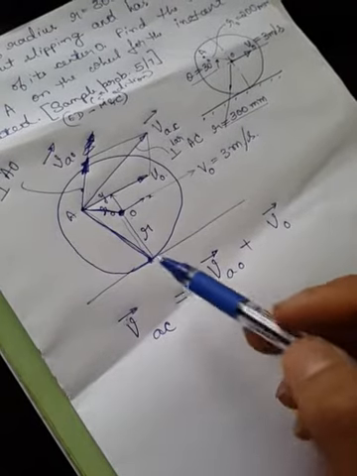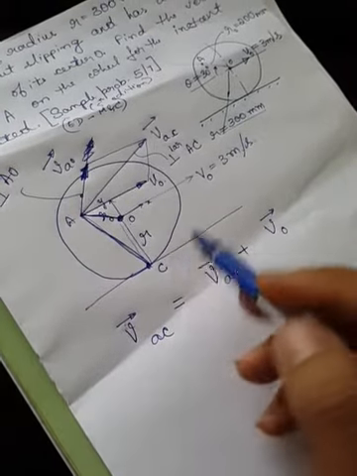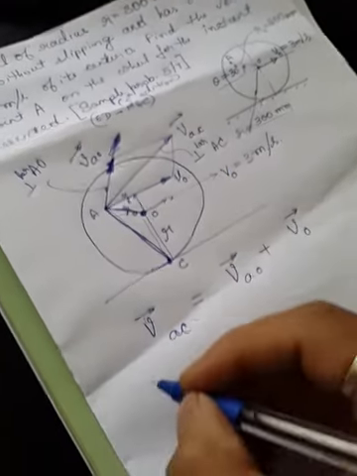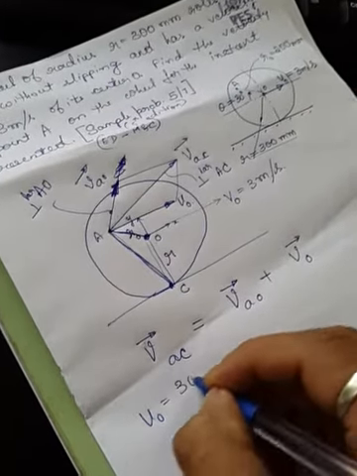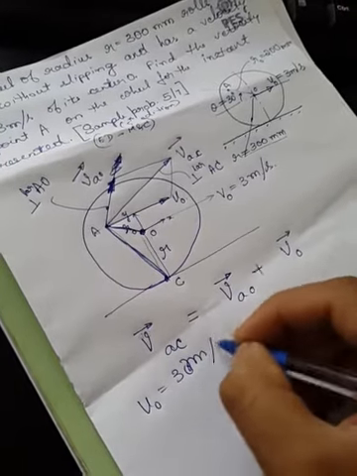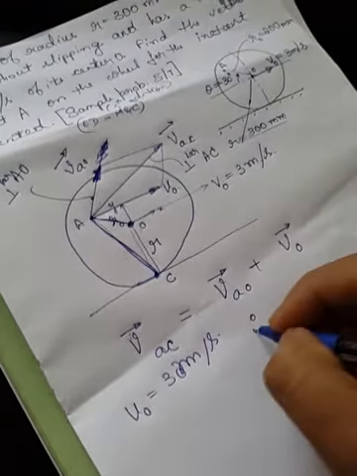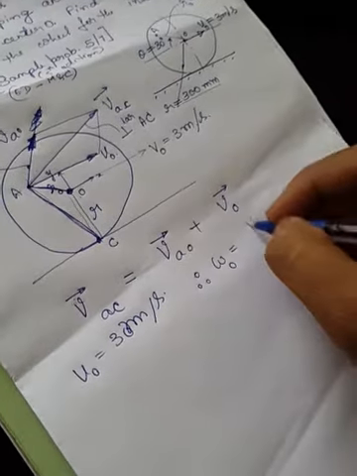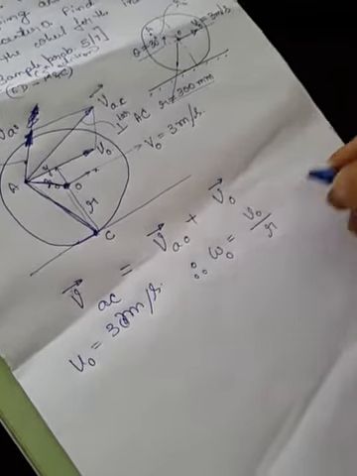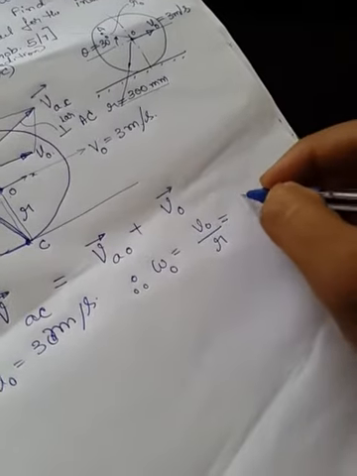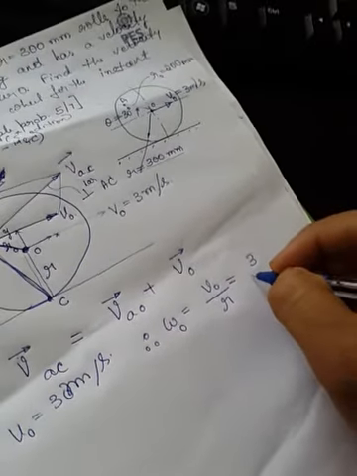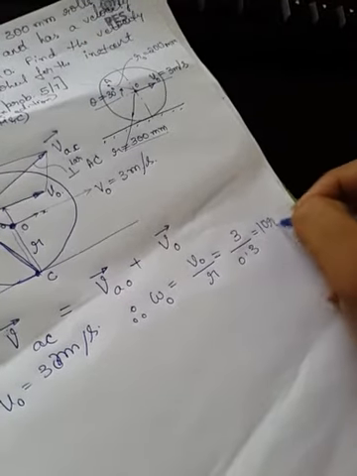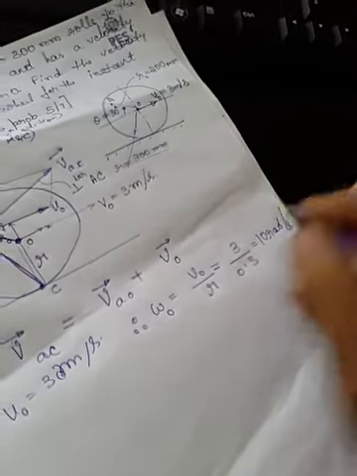The velocity of the center is V naught equals 3 meters per second. Therefore, what is omega naught? Omega naught equals V naught over R, where V naught is 3 and R is 0.3. We get 10 radians per second.